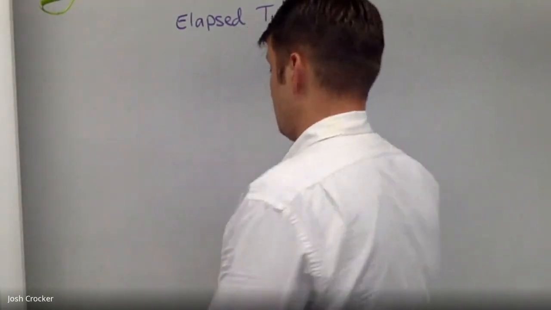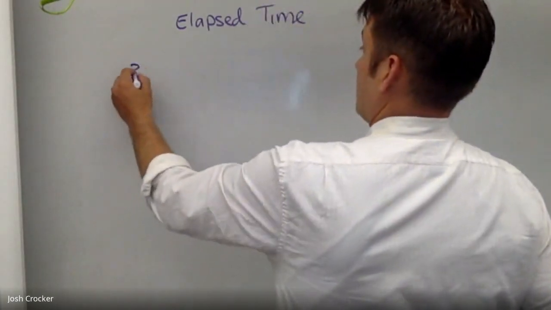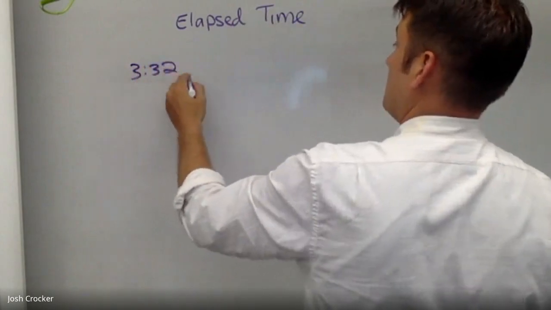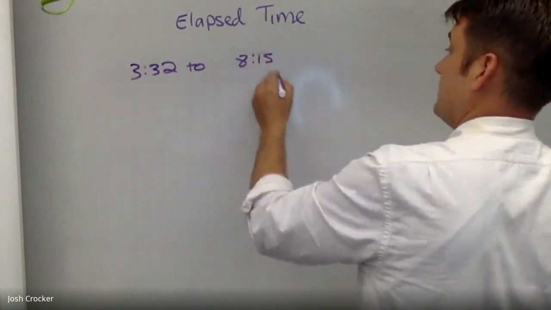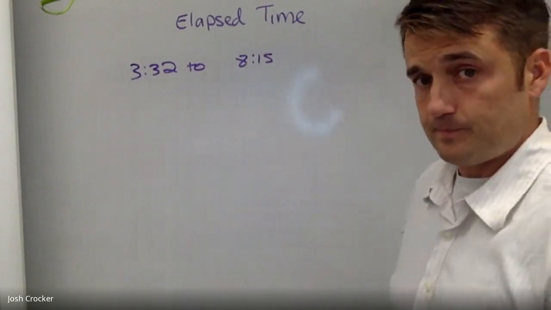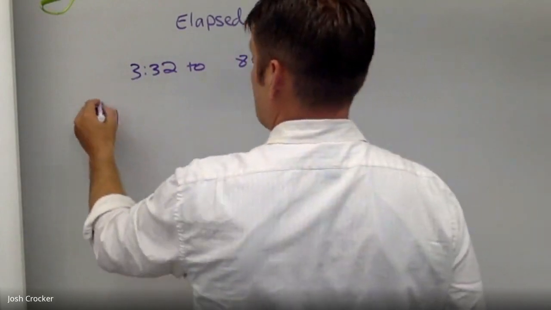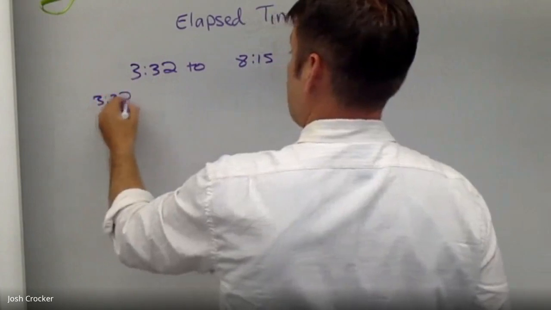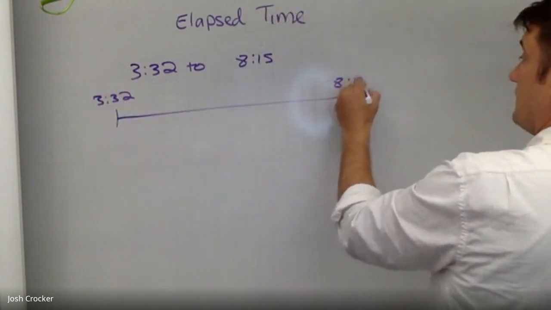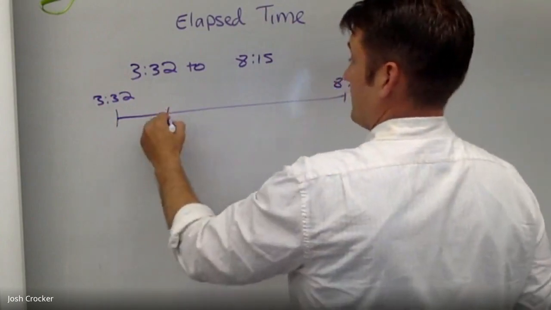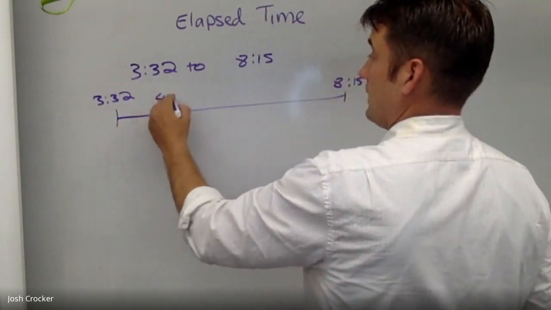Okay, let's do another one. Okay, 3:32 to 8 o'clock. Let's go 8:15. Okay, so 3:32 to 8:15. Okay, I'm going to go to the next hour, which is 4 o'clock.